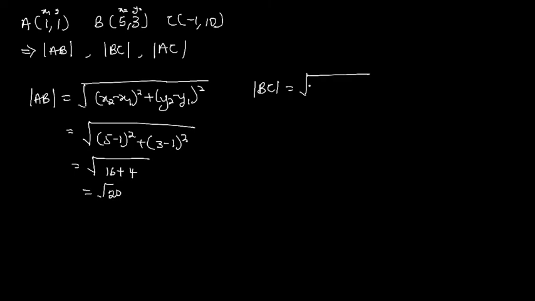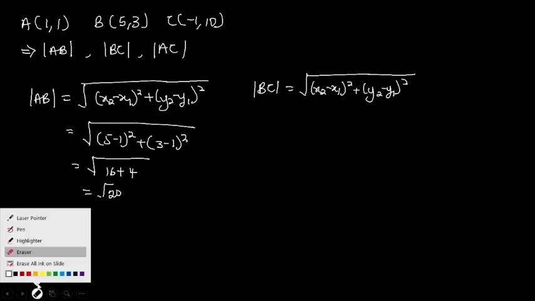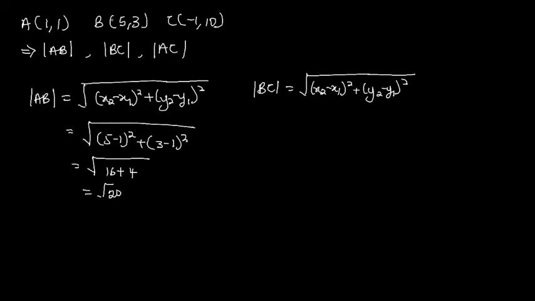So the formula is still the same, x2 minus x1 all squared plus y2 minus y1 all squared. Now, for this particular case, because we are using B and C, our coordinates will change. So, since B is the first point over here, this becomes x1, y1. Here is x2, y2.